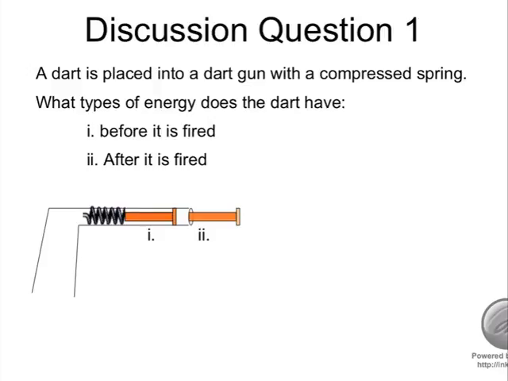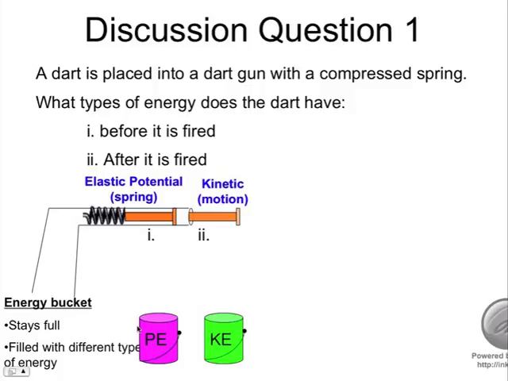Okay, now that you've had a chance to think about it, before the dart is fired, it has potential energy due to a spring. So, it has elastic potential energy. After it's fired, it's moving out of the gun, so it has kinetic energy, which is energy of motion.